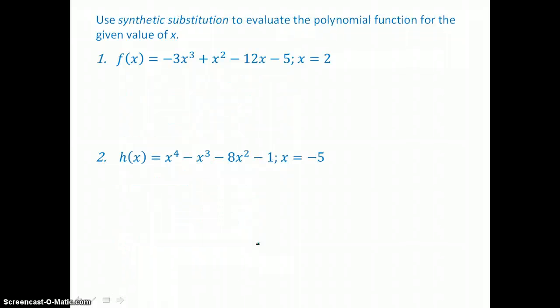We have another method for evaluating polynomial functions, and that method is the synthetic substitution. We're going to use synthetic substitution to evaluate the polynomial function for the given value of x.